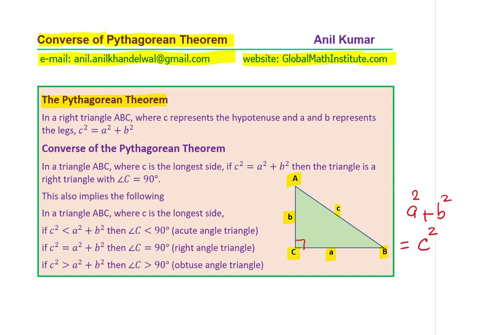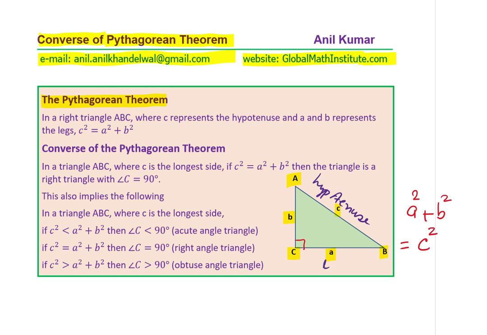That's the nomenclature. So in a triangle ABC, where C is the right angle, a square plus b square equals c square. The side opposite to the right angle is the longest side, and it is also called the hypotenuse, correct? So that is your hypotenuse.